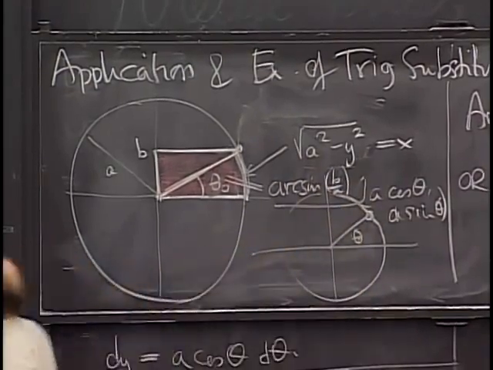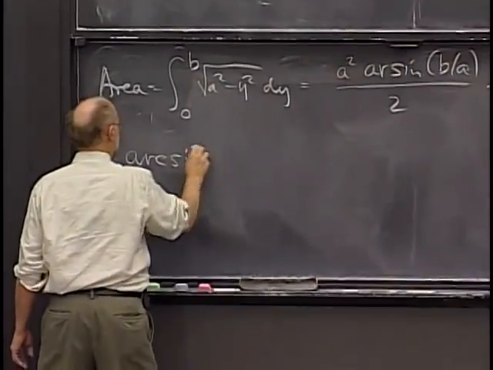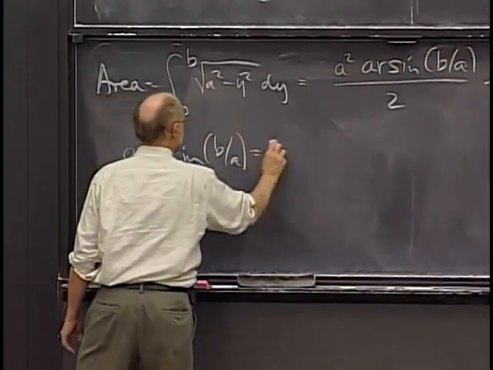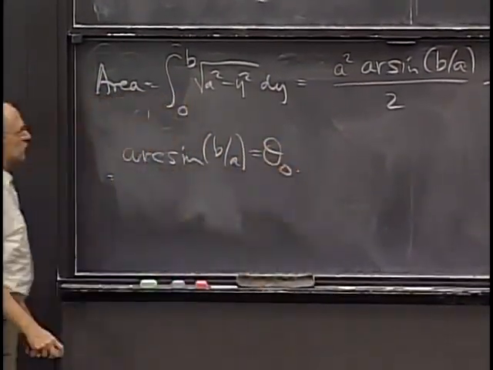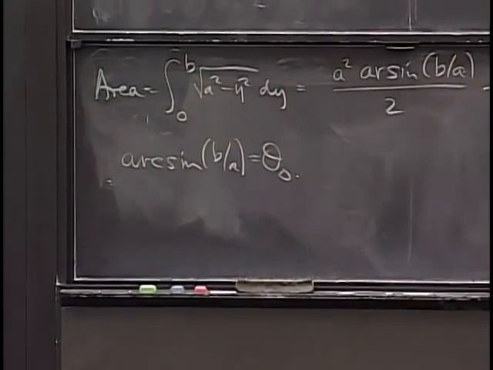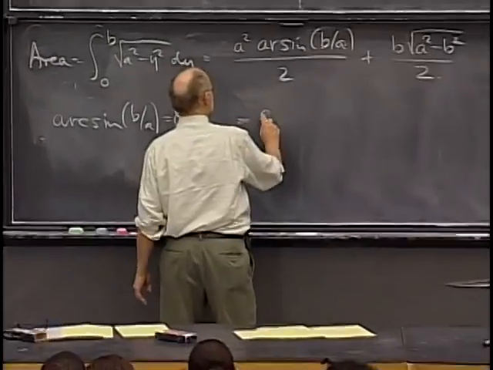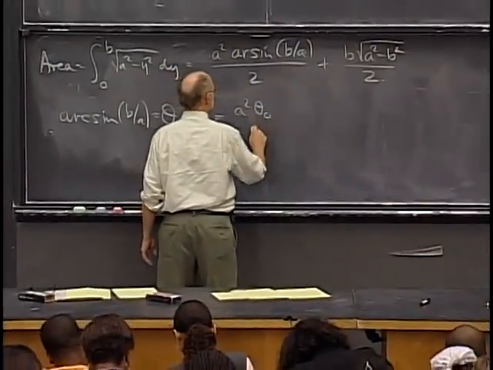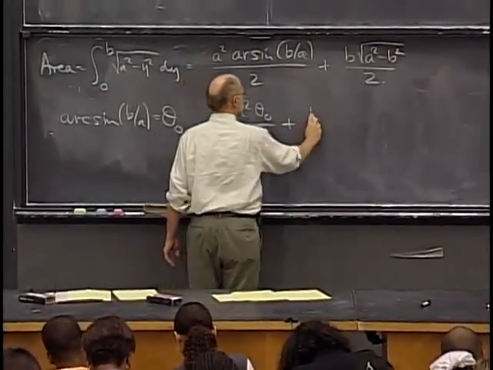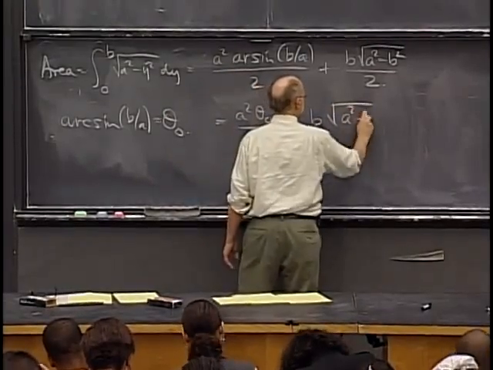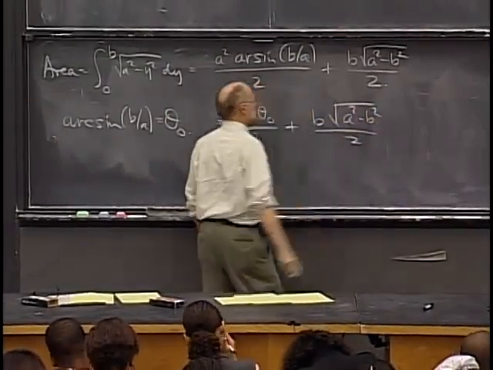I'll put this over here. That is theta 0. That is the angle that the corner makes. So I could rewrite this as a squared theta 0 divided by 2 plus b times the square root of a squared minus b squared over 2.